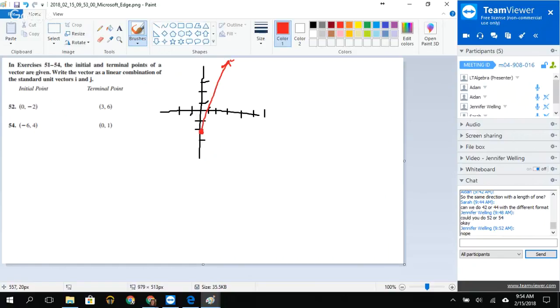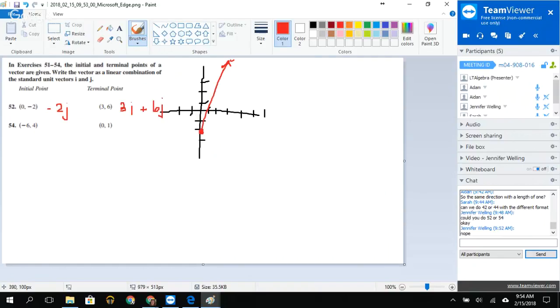All right, so the first thing we're going to do is rewrite our initial point and our terminal point as i and j. So 0, -2 could be written as -2j. Okay, and 3, 6 could be written as 3i plus 6j.